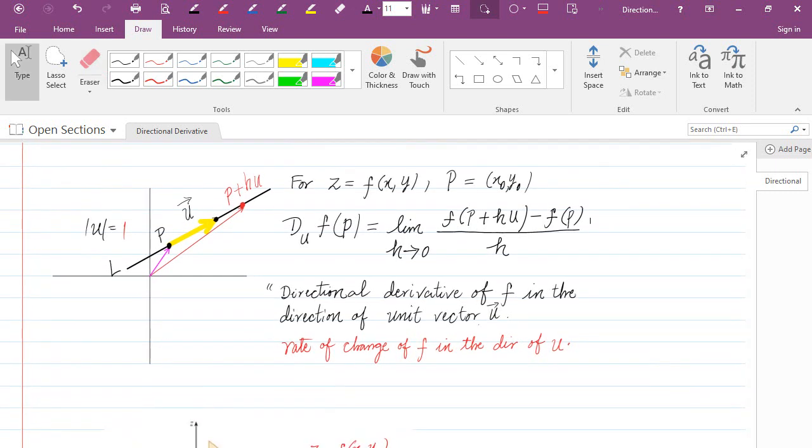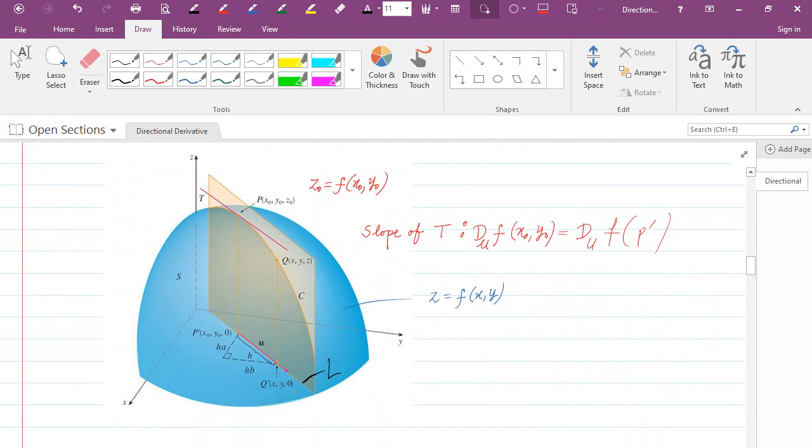Now here's a geometric interpretation of this directional derivative. So the blue surface here is the graph of the function f of x, y, and P prime is a fixed point in the domain of the function, and I have drawn this line right here, that's the line L passing through the point P prime parallel to the vector u.